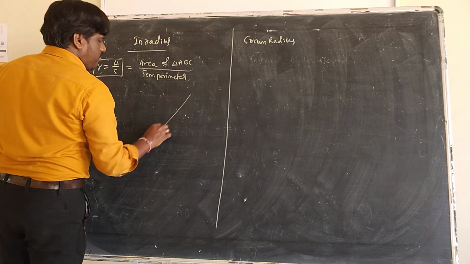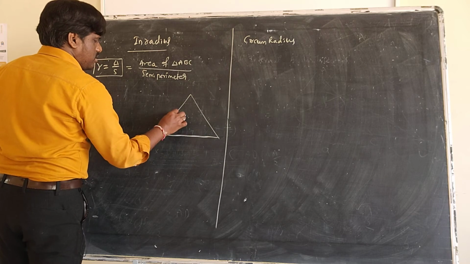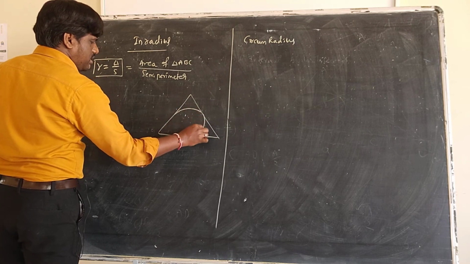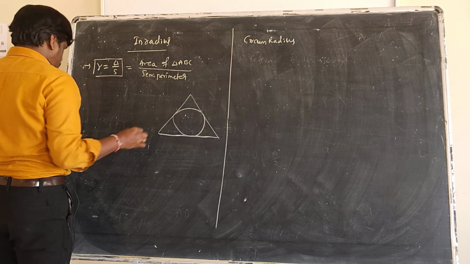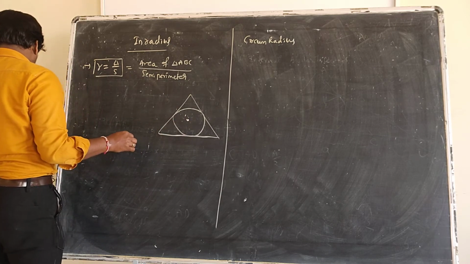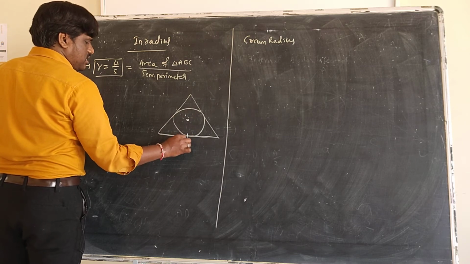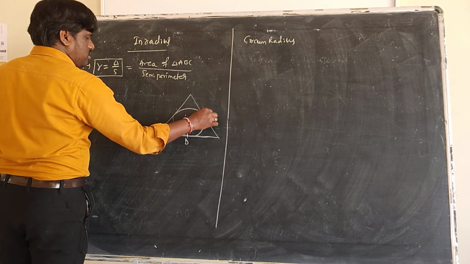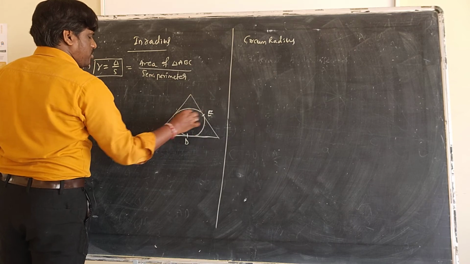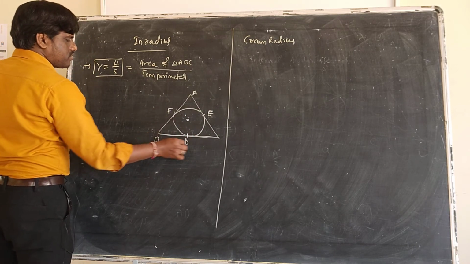Here this is the triangle, this is the incenter, and this is the inradius. The points where the circle touches the sides are D, E and F, suppose the triangle is ABC.